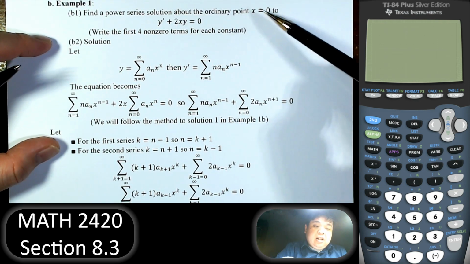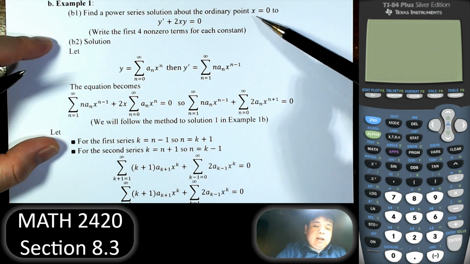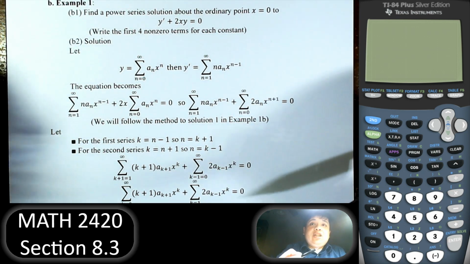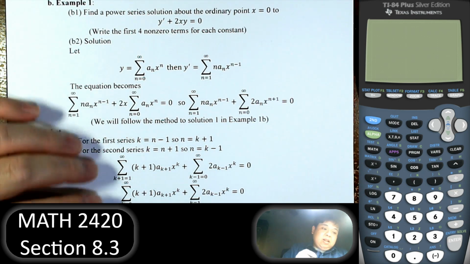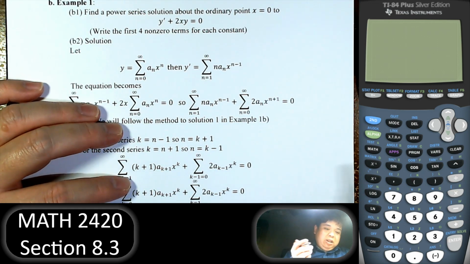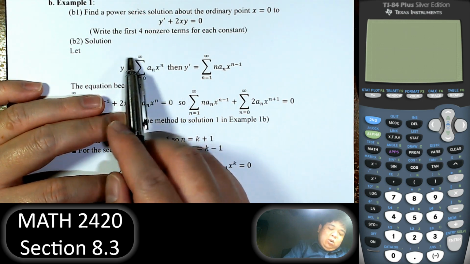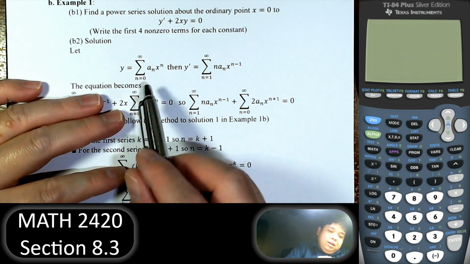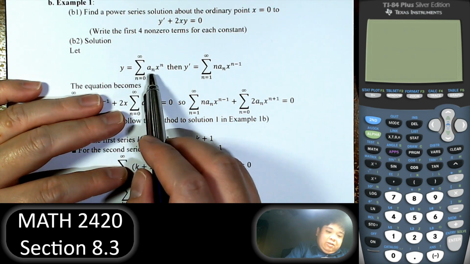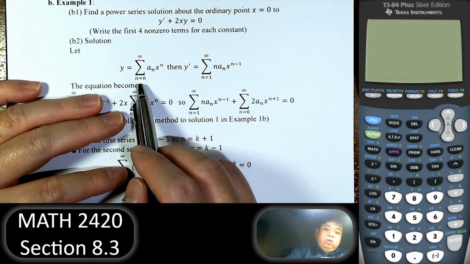The center is at the ordinary point, for simplicity x equal to 0. Now first, because it is a power series solution, we can write y is equal to the power series sum of a sub n times x to the n power, n going from 0 to infinity.